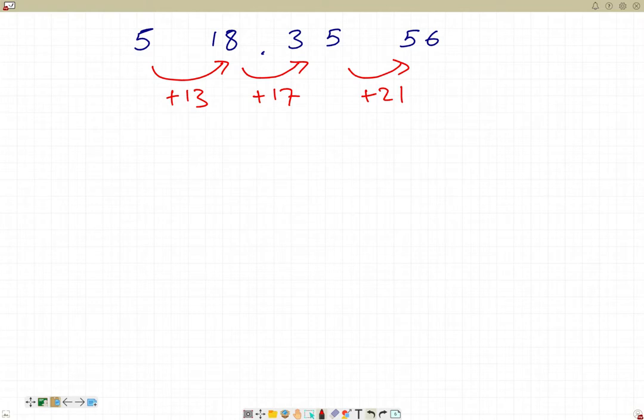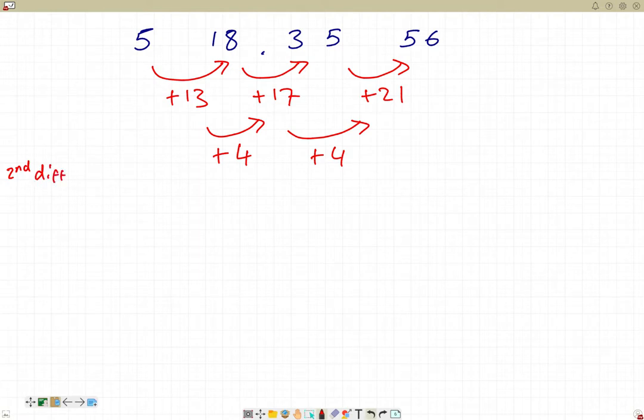Second difference is plus 4, plus 4. Now I half the second difference. The second difference equals 4, I divide it by 2 to get 2, and I put that number in front of n squared.